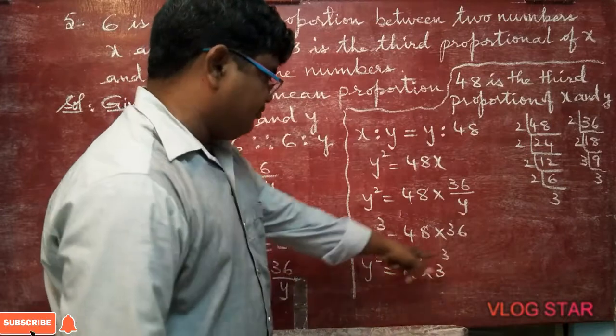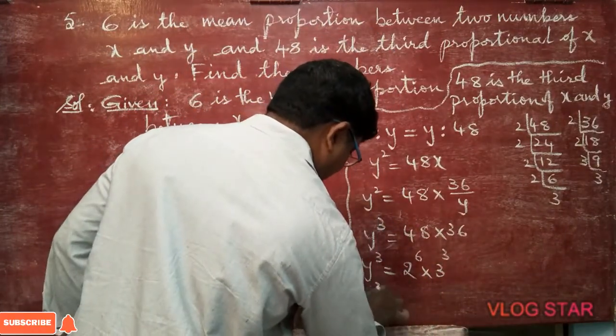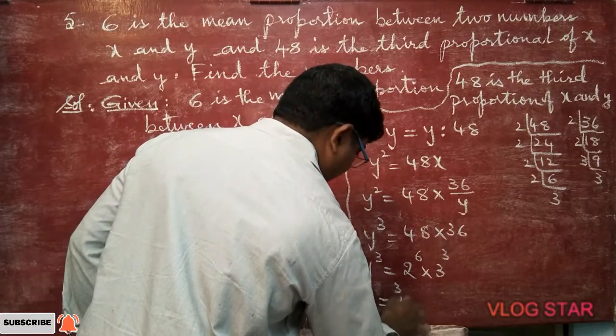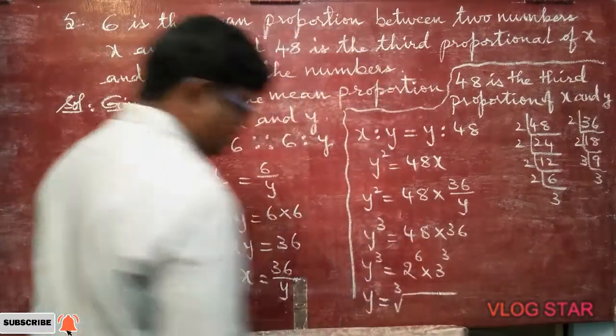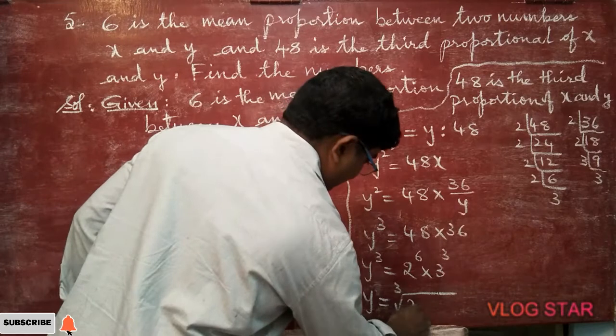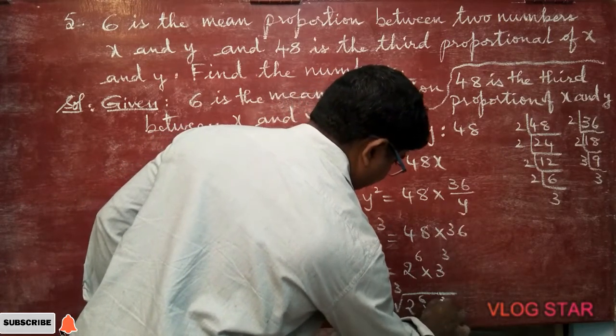Now cube root. So y is equal to cube root of 2 to the power of 6 into 3 cube. Square goes square root, cube goes cube root.